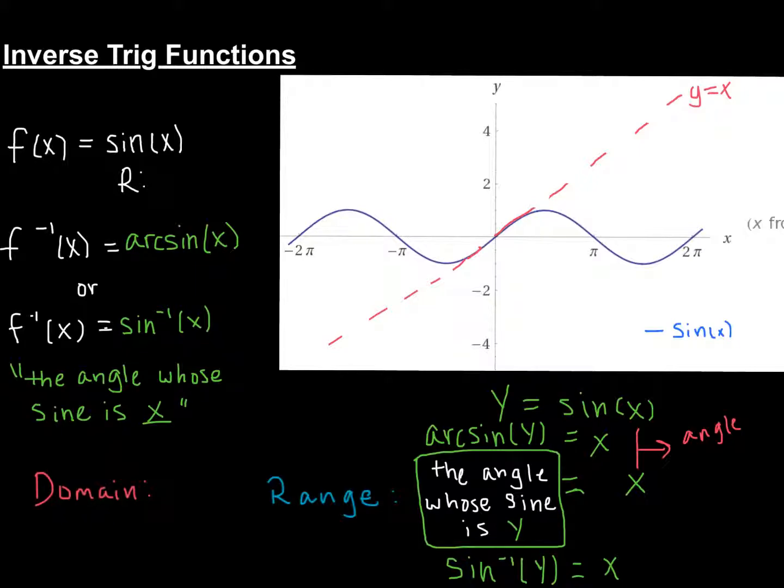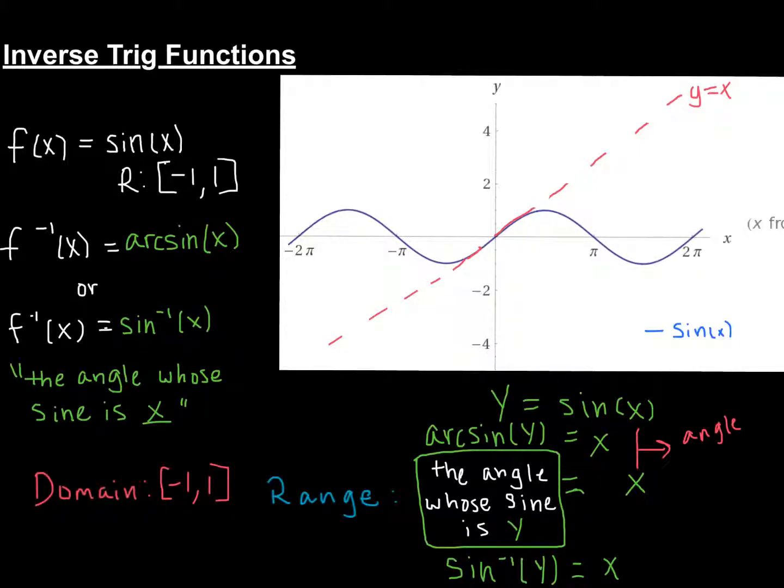So the range is going to go between -1 and +1. And so it should make sense now that the domain of our inverse function is going to go between -1 and +1. And we can see that now as we look at this sine curve that's been turned on its head. The biggest value in the domain, input value, will be a +1, and the smallest value will be a -1.